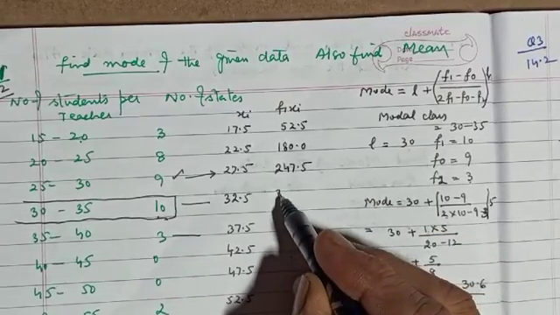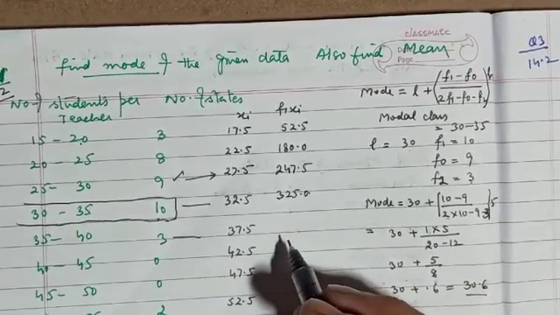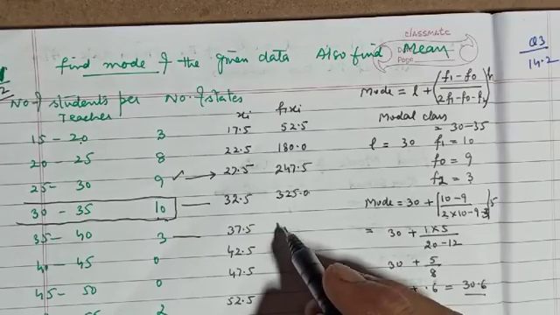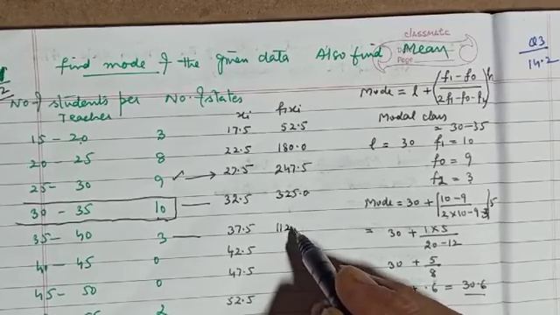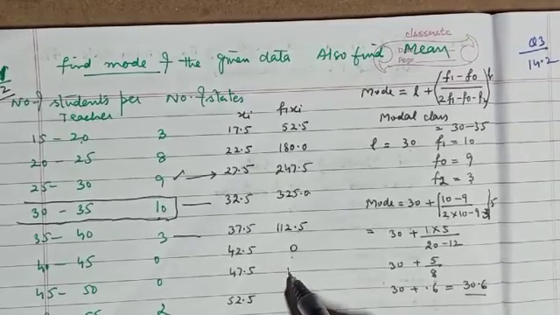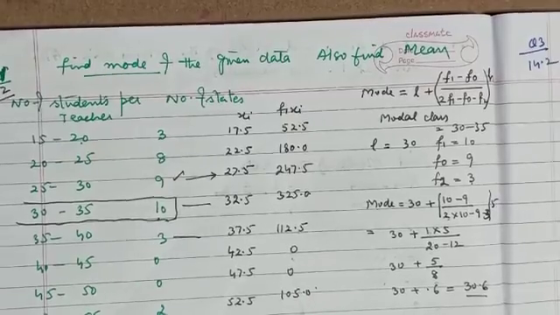It will come out to be 325. It will come out to be 112.5. It is 0. And it is 105.0.